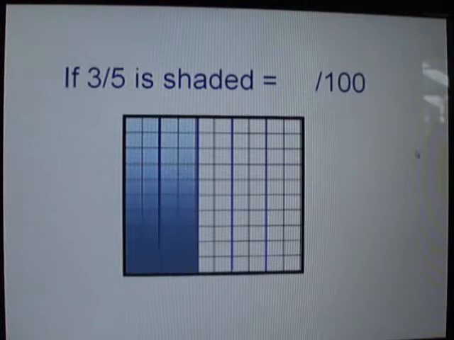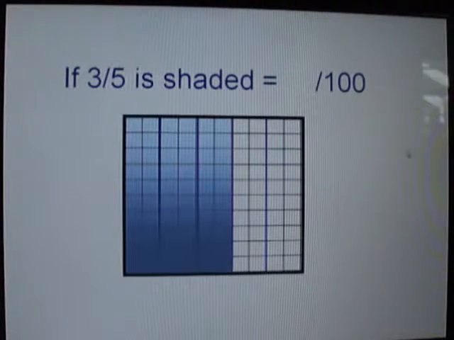Now, if 3/5 is shaded, which I'm doing right now, if we're going to find out what percent of the whole grid is shaded, then we're going to have to change 3/5 into hundredths. Well, we've practiced doing that before with equivalent fractions. Because 5 times 20 equals 100, 3 times 20 equals 60.